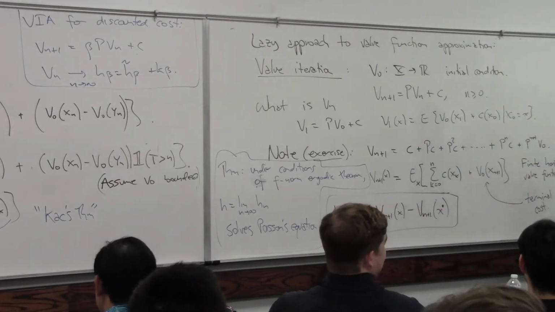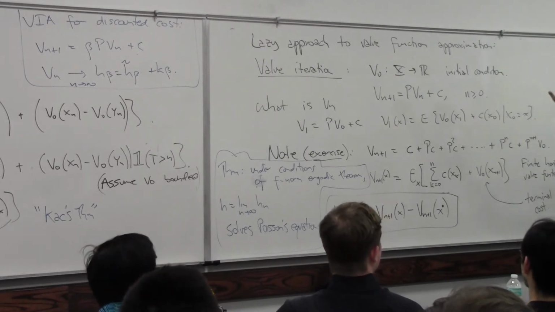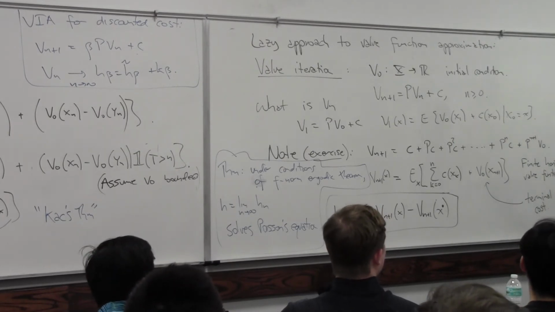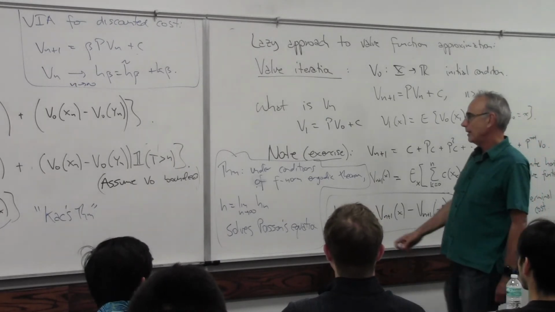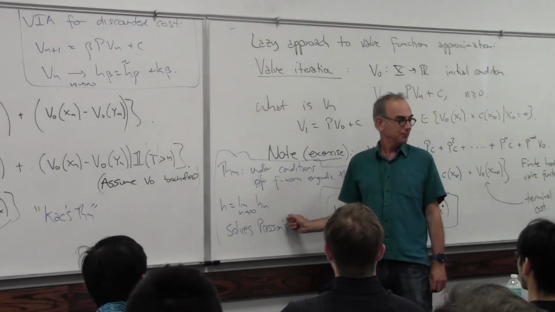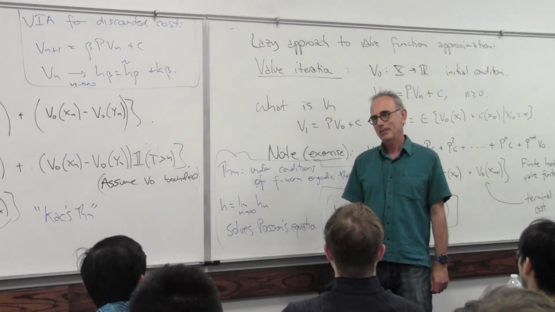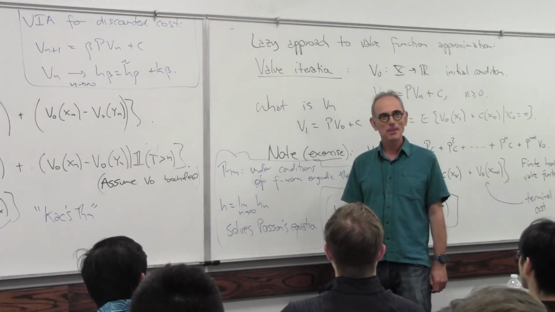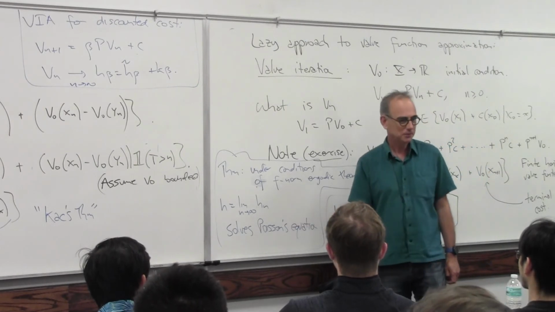In a lot of practical problems you might not even know P, and that's why I'm rushing to get to part 3 of the course. We're going to learn how to approximate solutions to this equation when we don't know P. That'll be after spring break. That's going to slow us down. But by the end of March, you will be able to code algorithms to approximate this.